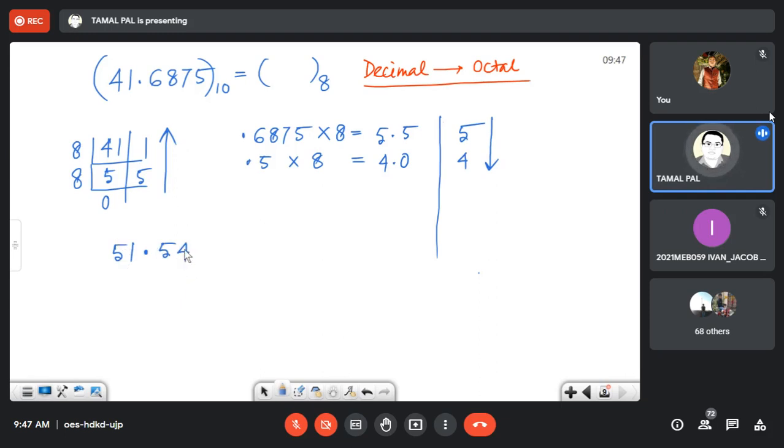But what is the proof that it is converted from decimal to octal?